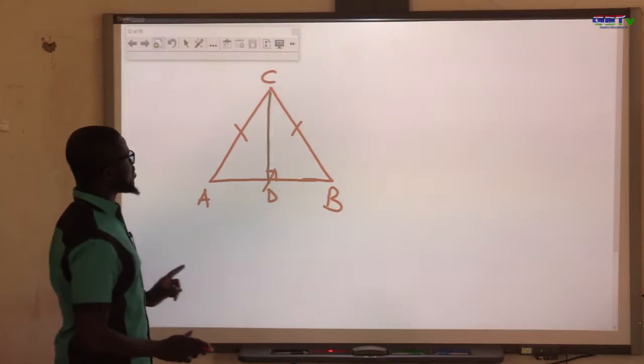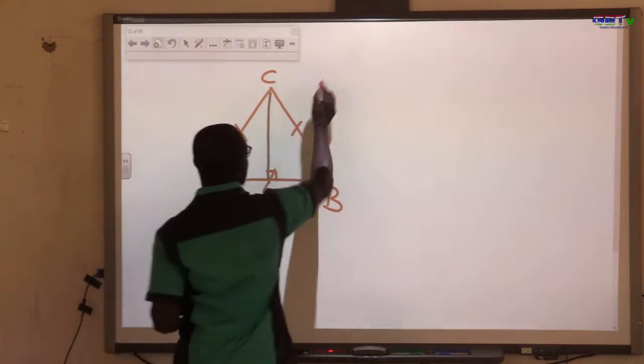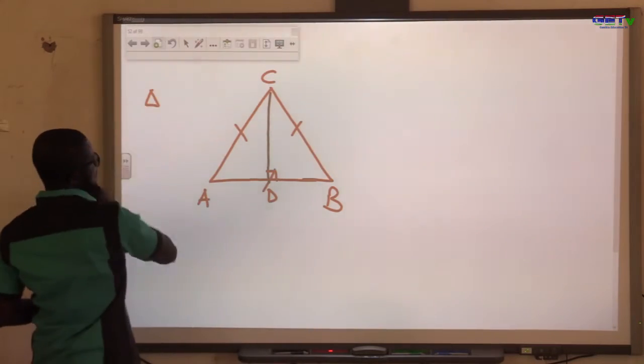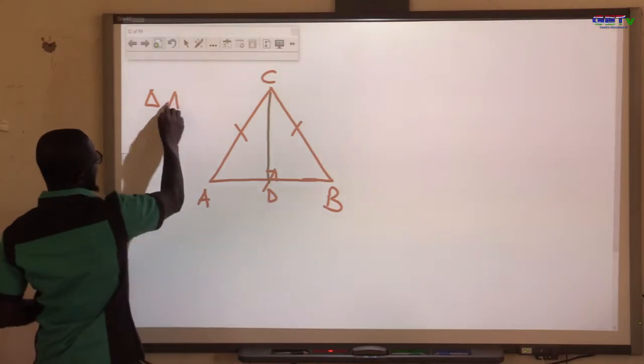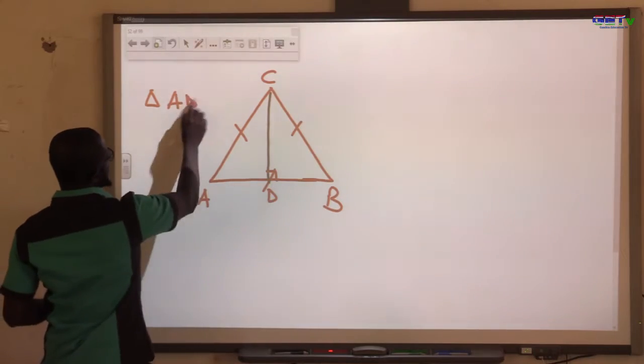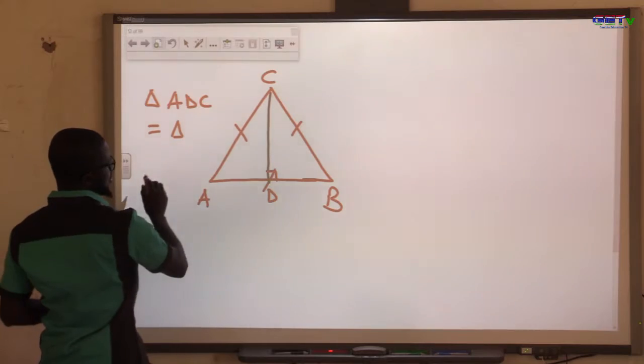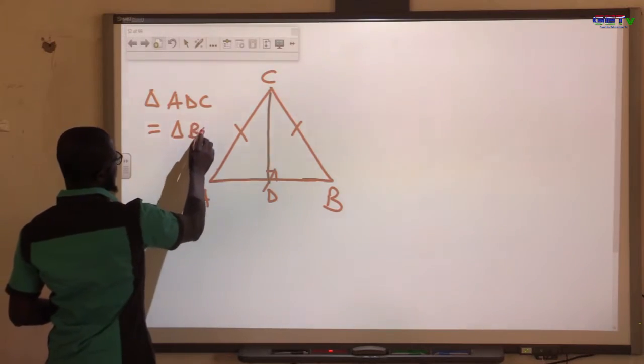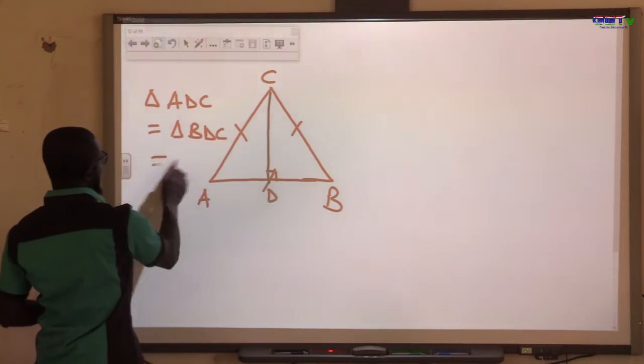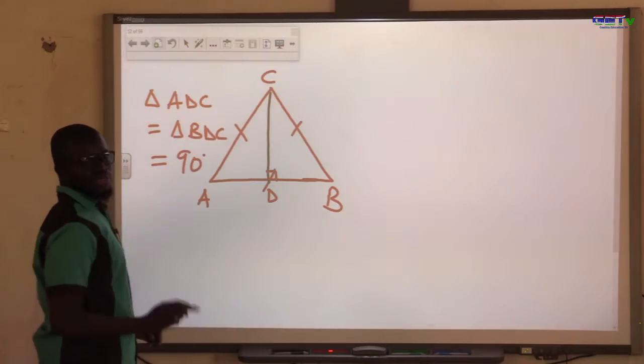So the two triangles, triangle ADC is equal to triangle BDC. They are all right-angled triangles.